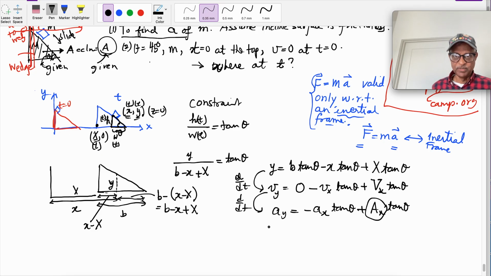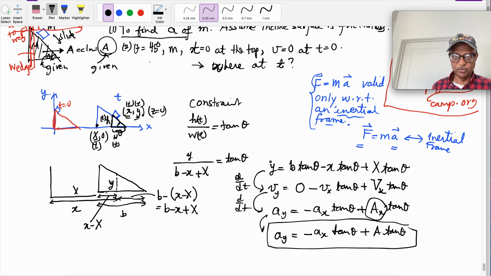So this just becomes ay minus ax plus a. So this comes from the constraint that we found in the coordinates themselves.